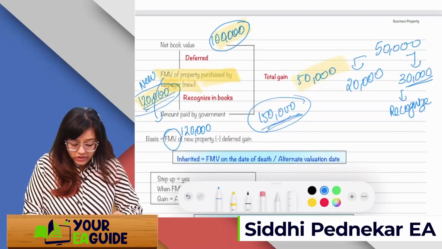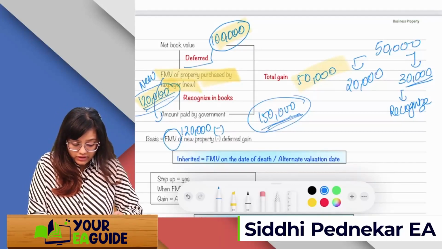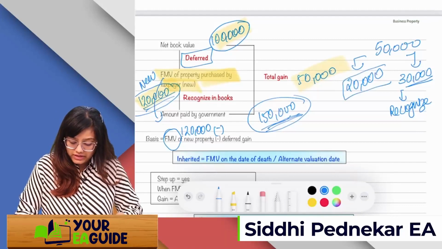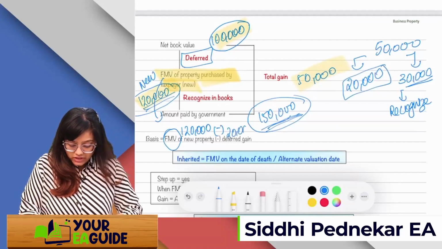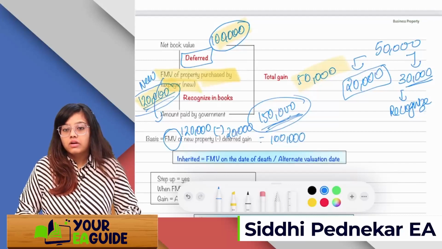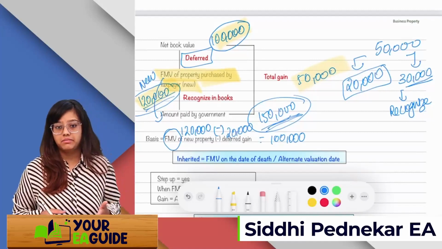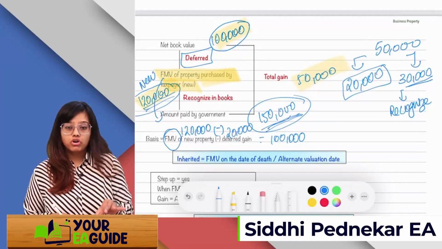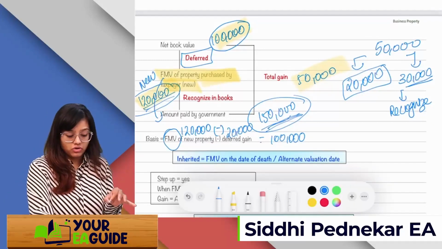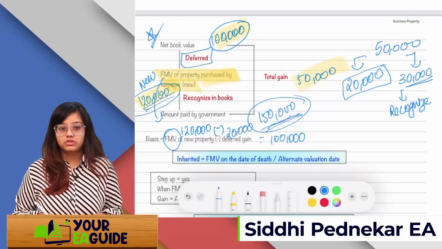Out of this you will reduce the deferred gain. Whatever deferred, here we are deferring 20,000. So ultimately my basis will be 1 lakh. Got it, guys? These two questions will be asked in the exam. There will be for sure one question from this topic. So don't forget to solve MCQs on this topic.